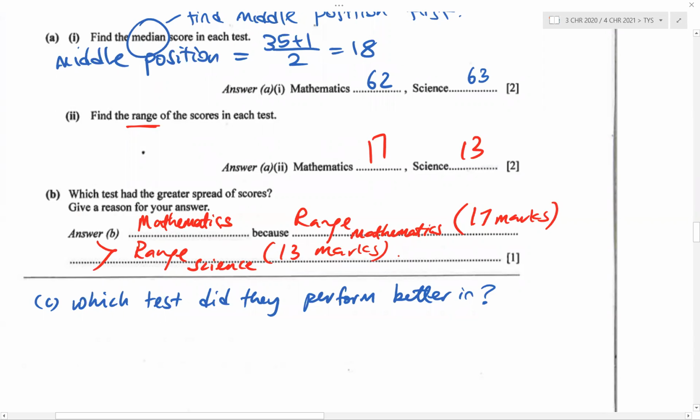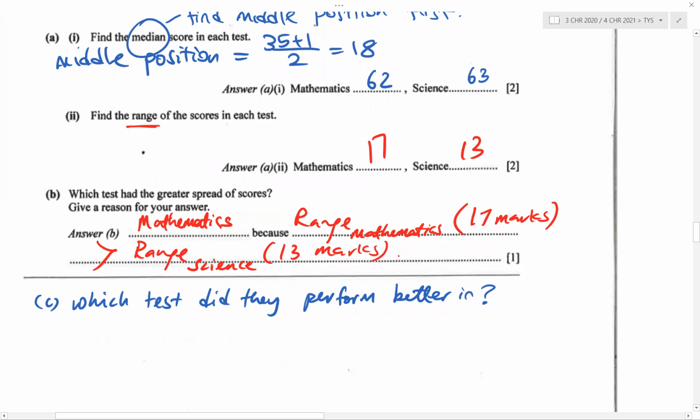So what are you using to determine which class performed better? Median. In this case, we only have two options. It's either the range or the median. Average. When you say average, you mean add everything up and divide, right?